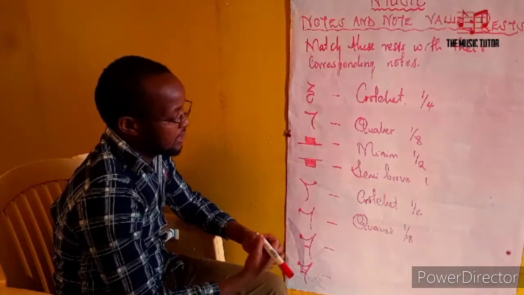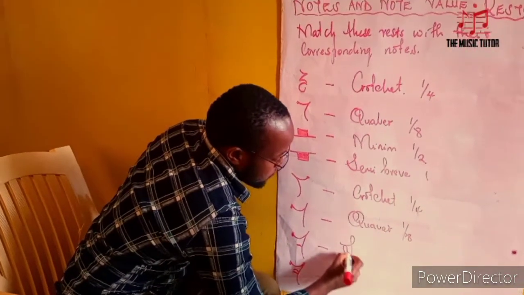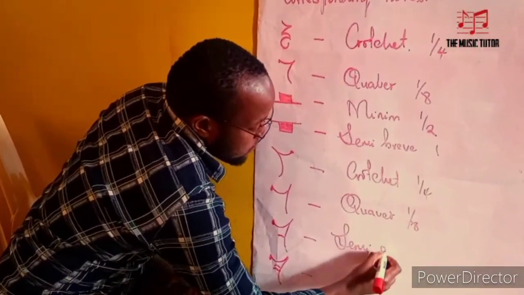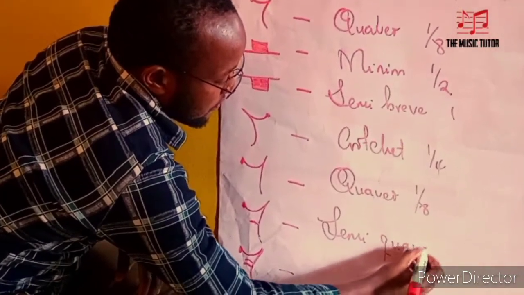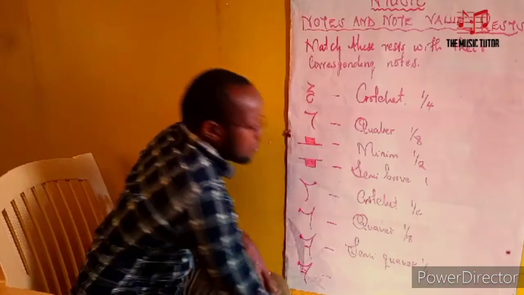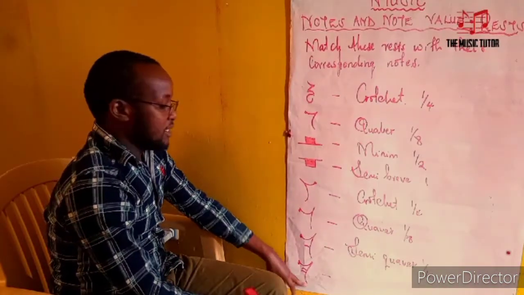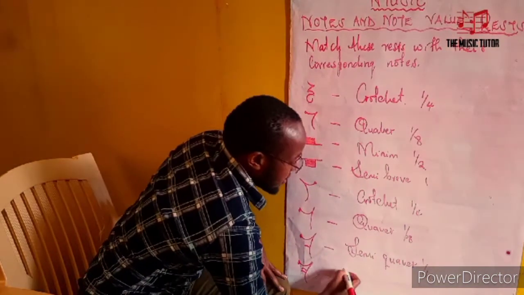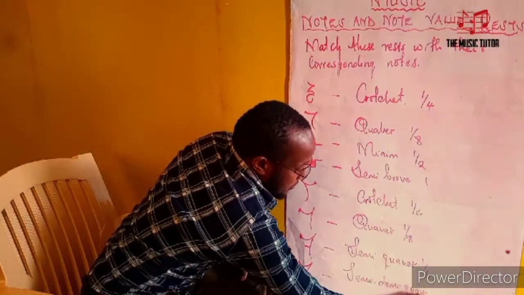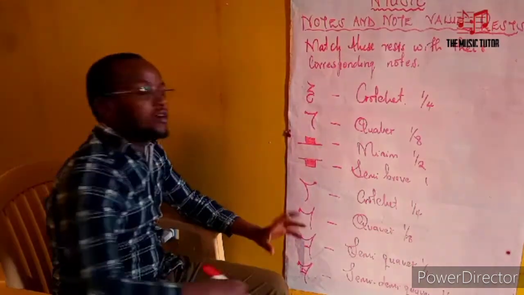This other one, it is a semiquaver, meaning it is the 16th of a note. And this other one below here, it is a semi-demi-quaver, which is a 32nd of a note.